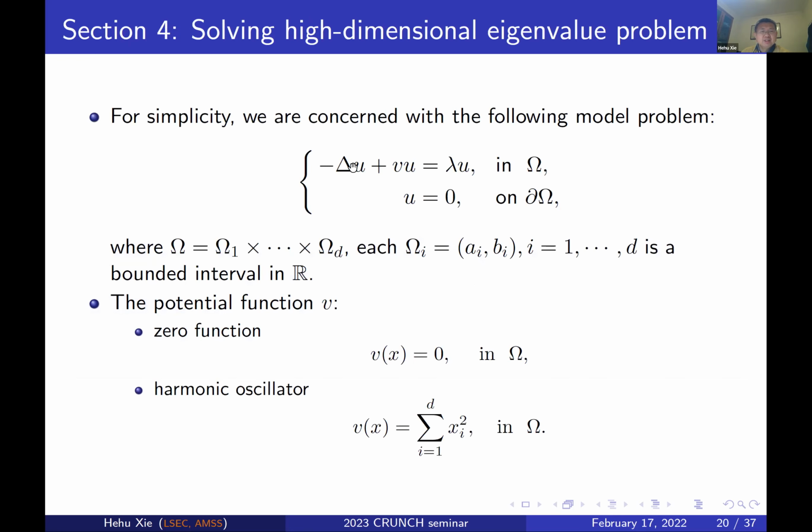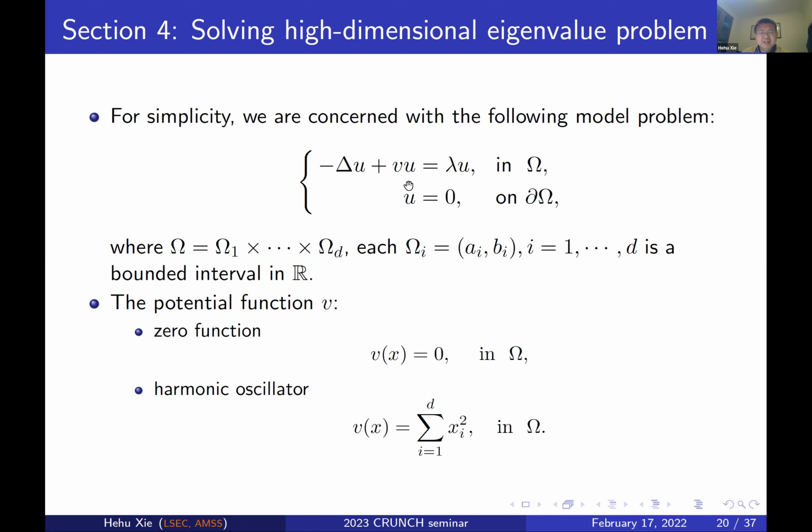And now we use the TNN to solve the high dimensional eigenvalue problems, because in my opinion, the eigenvalue problem is a very good example for machine learning, because there's no other things. For example, the right hand side is also unknown, the eigenvalue is unknown, and this is the eigenfunction.